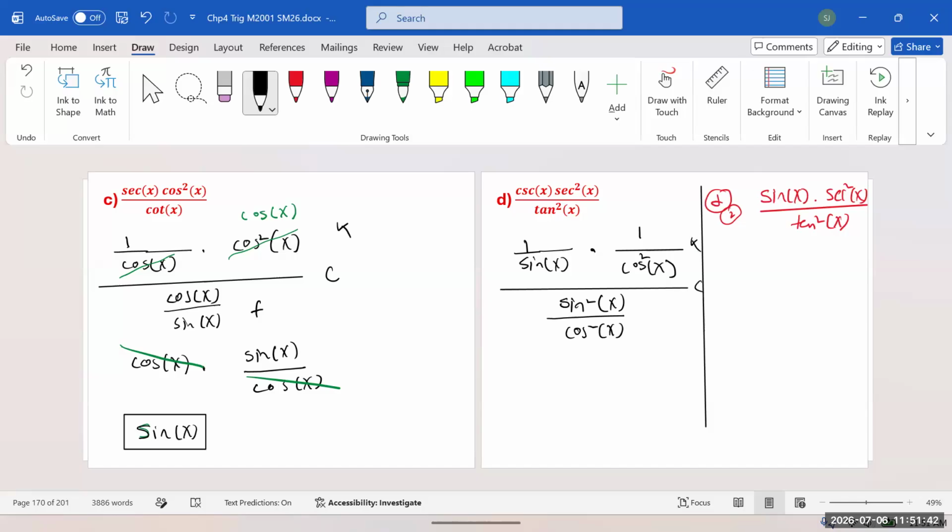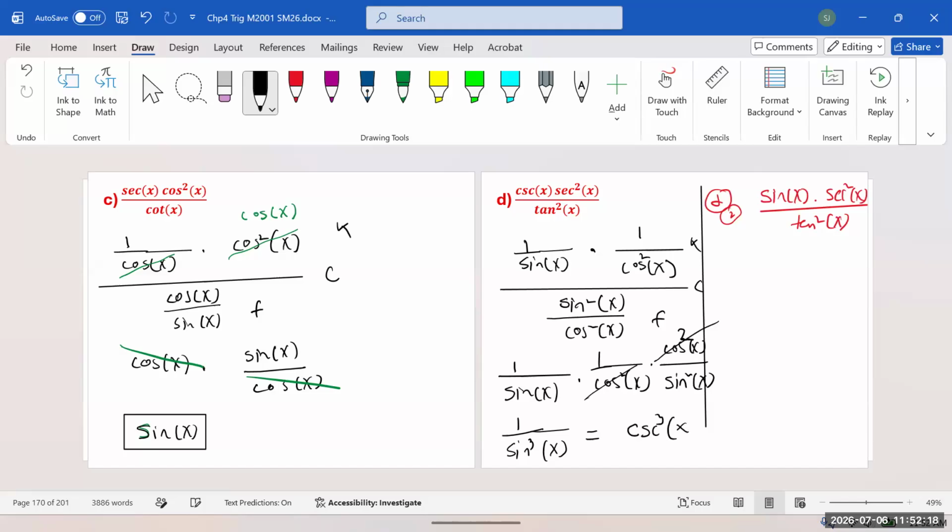So we're going to keep, change, flip. On the numerator, we have 1 over sine x, 1 over cosine squared x. When we flip the denominator, we get cosine squared x divided by sine squared x. Cosine squared cancels out. We are left with 1 over sine cubed of x. And what is 1 over sine? Cosecant. So this becomes cosecant cubed of x.